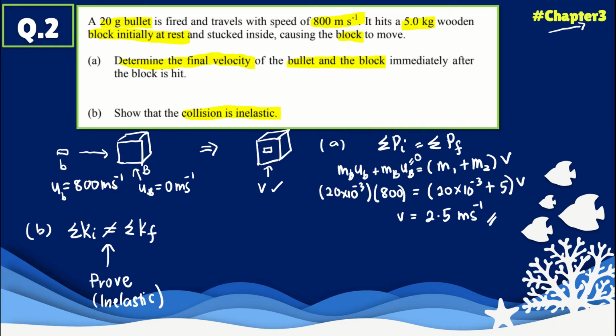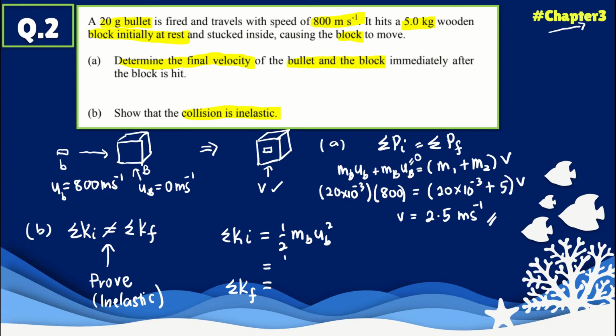So one of the ways to prove this is to calculate the initial kinetic energy separately from the final kinetic energy, and from the two numbers we can conclude that it is an inelastic collision. The summation of K initial is half M bullet U bullet squared.